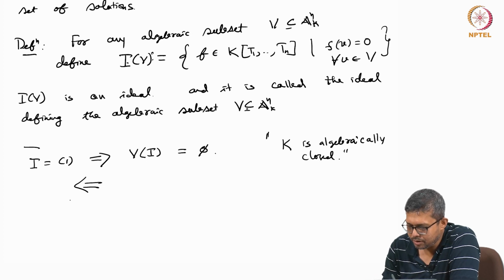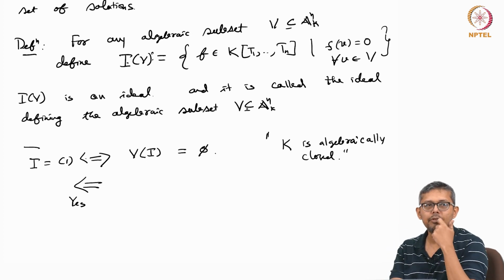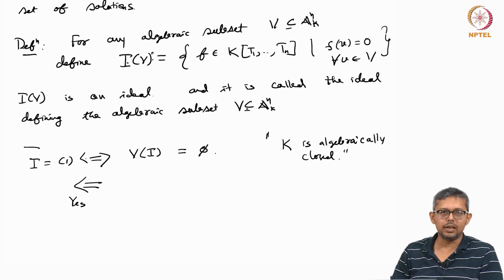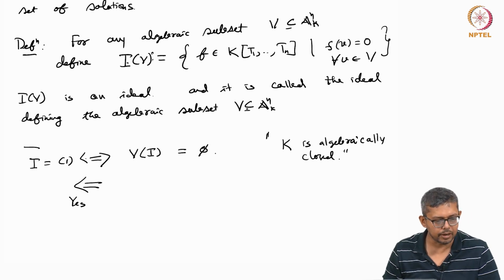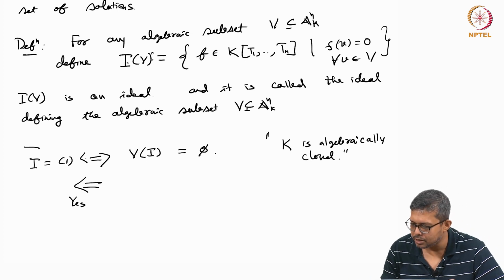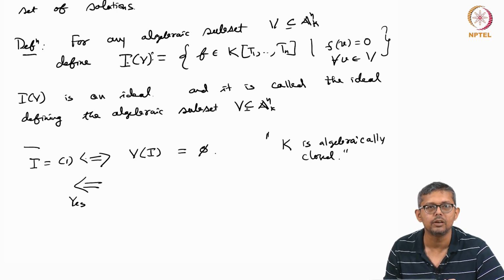So this is an if and only if condition: if you take an ideal I in K[x1, x2, ..., xn], the zero set is empty if and only if I is the unit ideal. So this is the answer. This converse is called the weak Nullstellensatz.